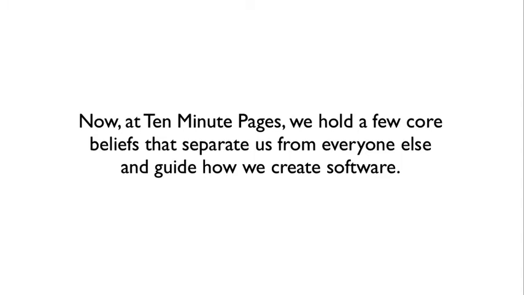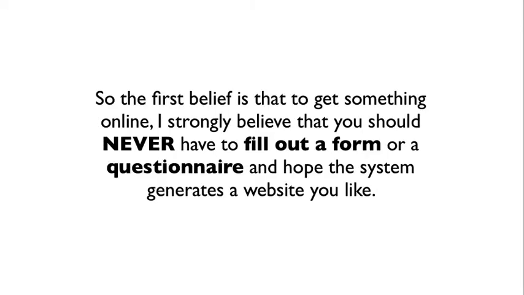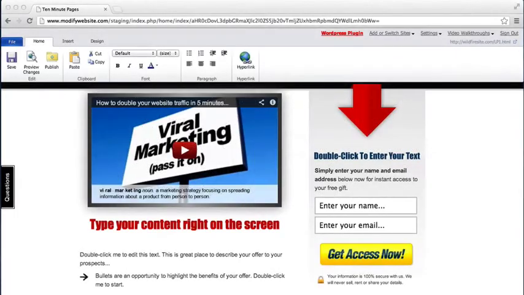Now at 10-minute pages, we hold a few core beliefs that separate us from everyone else and guide how we create the software that we build. So the first belief is that to get something online, you should never, ever have to fill out a form, a questionnaire, or anything like that and hope that the system generates some kind of website that you like.